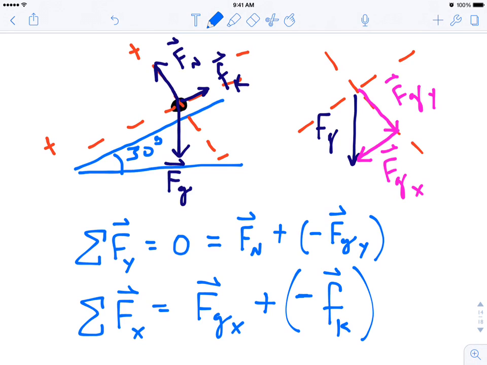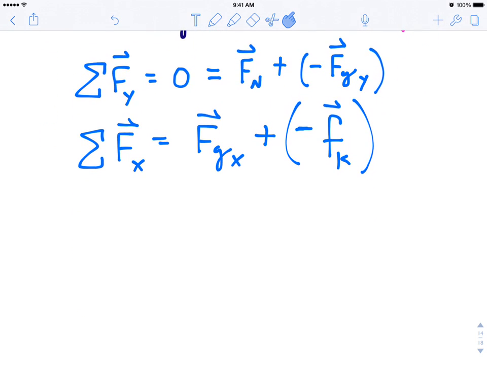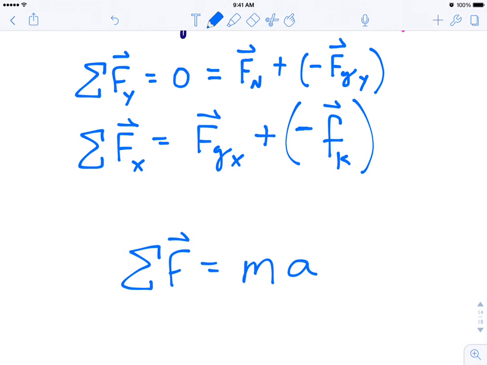Now, we are simply looking to figure out the acceleration here. By Newton's second law, we are going to say that the sum of the forces is equal to the mass of our object times the acceleration.